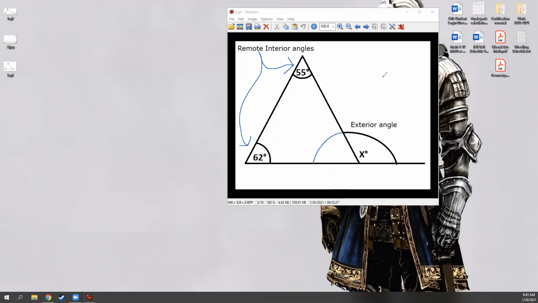So when you have a question like this, oh, I haven't even given you the reasoning yet. Let me give you the reasoning. In words, remote interior angles add up to their exterior angle. That's the concept we're looking at. So remote interior angles, these two angles, add up to the angle out here.